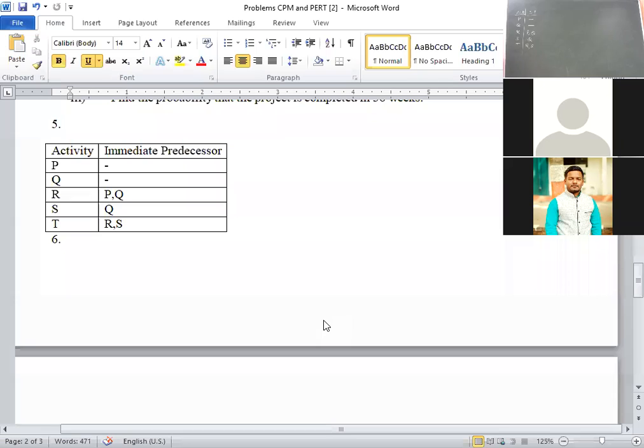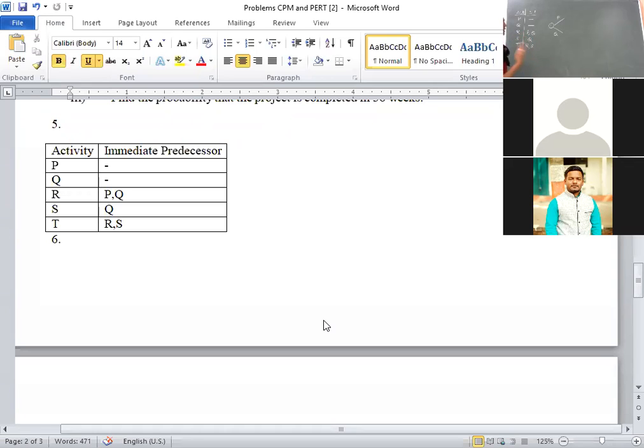Then, how to draw this? For example, the starting node always starts with 1. P doesn't have any predecessor. Similarly, Q doesn't have any predecessor. Then P and Q are completed.